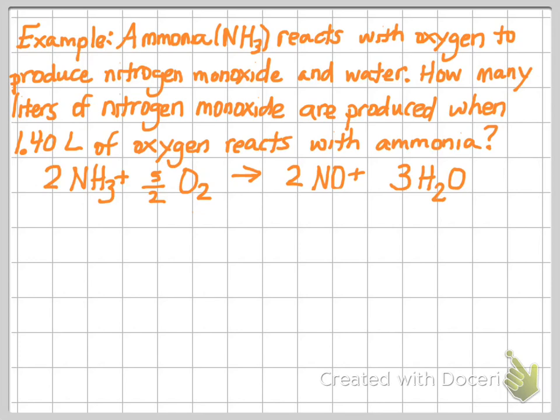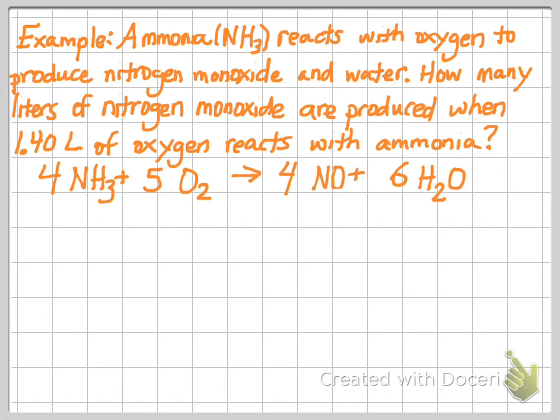So my coefficient of 2 here is going to become a 4. My coefficient of 5 halves is going to become 5. My coefficient of 2 here is going to become 4. My coefficient of 3 here is going to become 6.